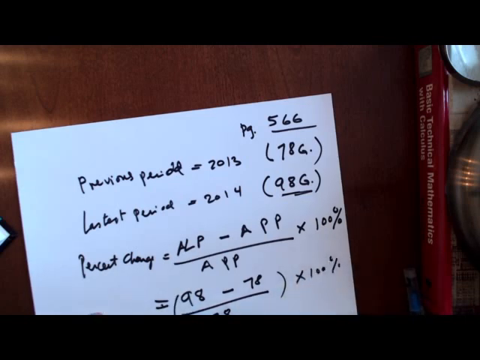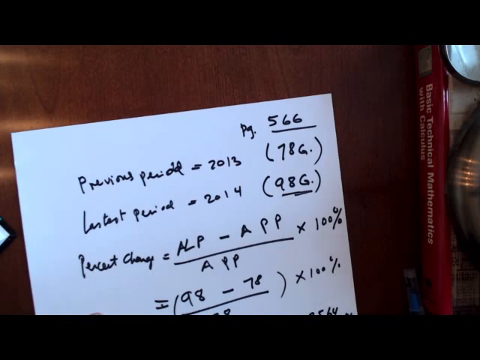If you do the calculation, you will get 20 divided by 78 times 100%, and that will yield about 0.2564 times 100%.